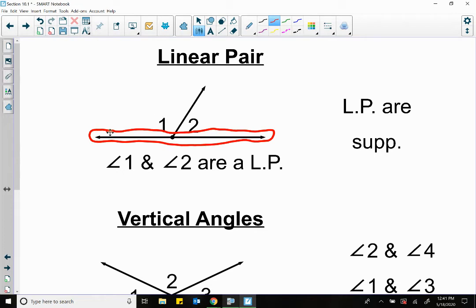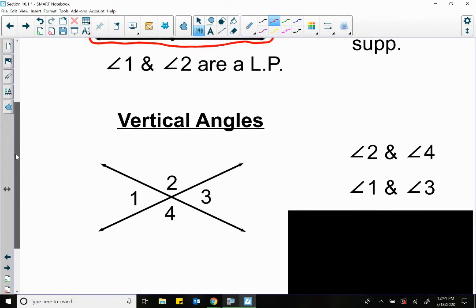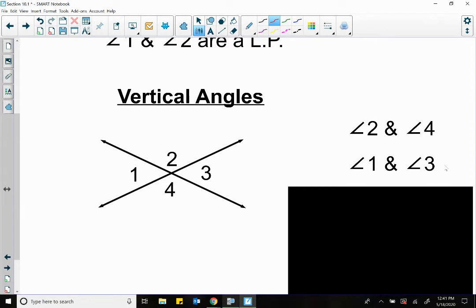All right? Down here, we have vertical angles. I've given you examples of vertical angles. Angle 2 and angle 4 are vertical. Angle 1 and angle 3 are vertical. This is Mr. Armstrong's definition; the real definition is very technical, with opposite rays and things like that.